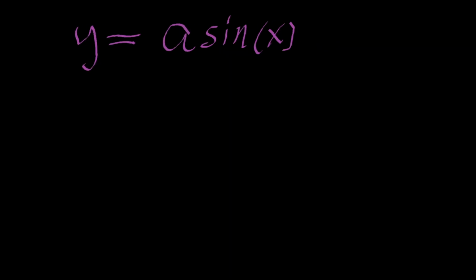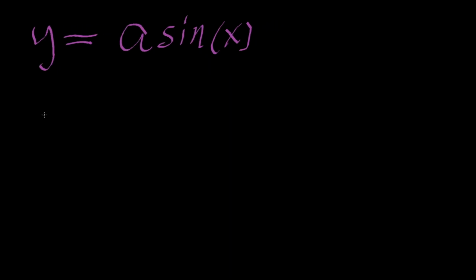I will set y to be equal to arcsine of x. Let's take sine of both sides. So we'll get sine of, or actually, let me write it further to the right.